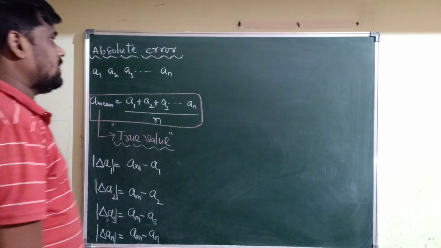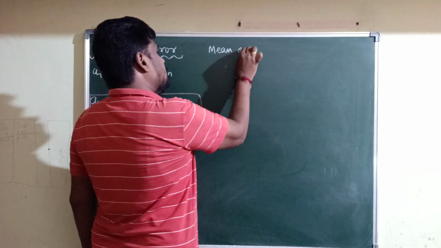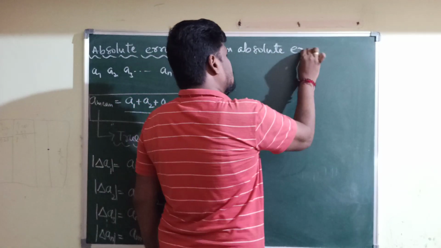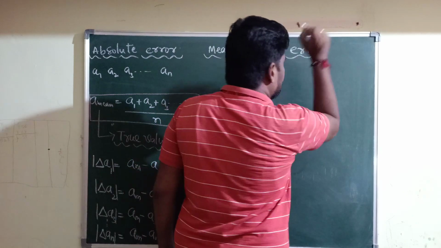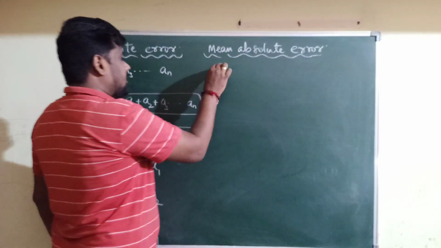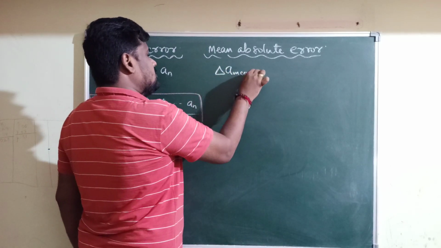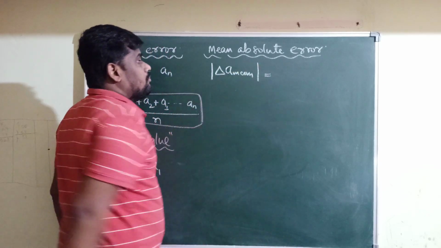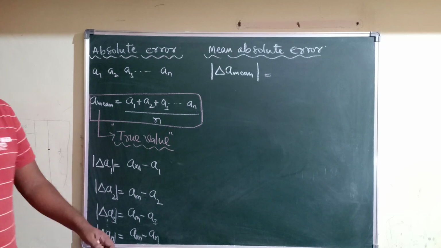Now I will consider mean absolute error in the measurement. How are you calculating mean absolute error? Mean absolute error is given by delta A mean. Delta A mean is called mean absolute error.